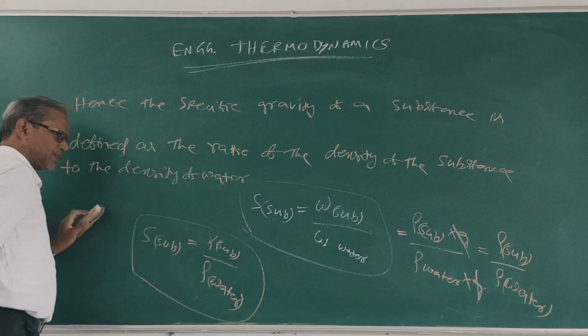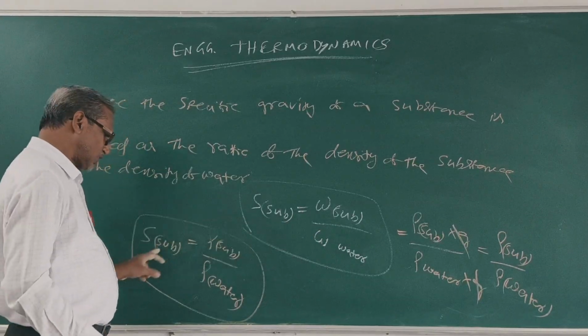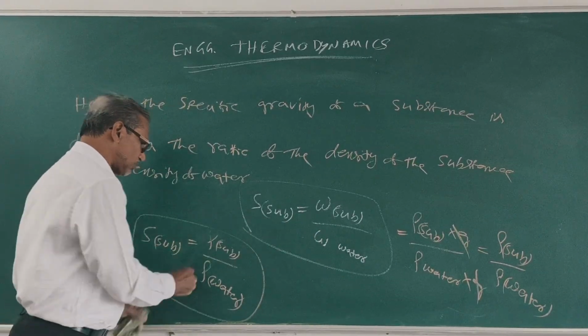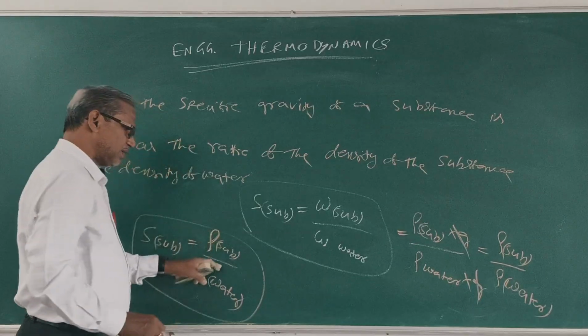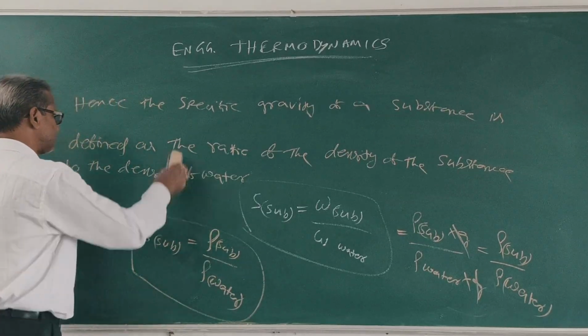Clear? This is omega of substance by omega of water. Also this is equal to density of substance by density of water. Clear? Now what is the value of S?